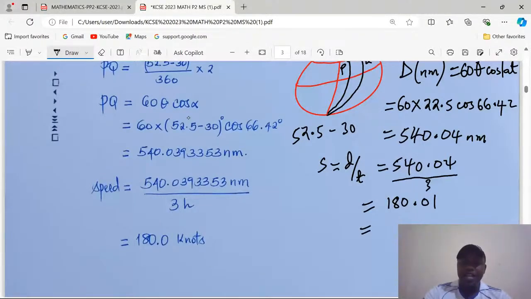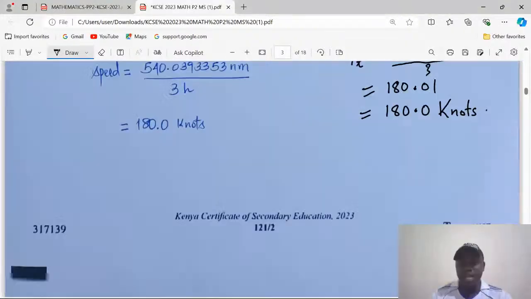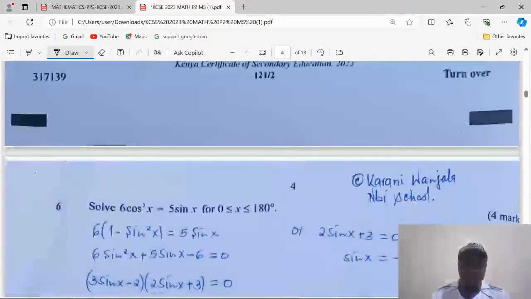That means to one decimal place, it will be 180.0. The speed is in knots. So that is the speed which used.